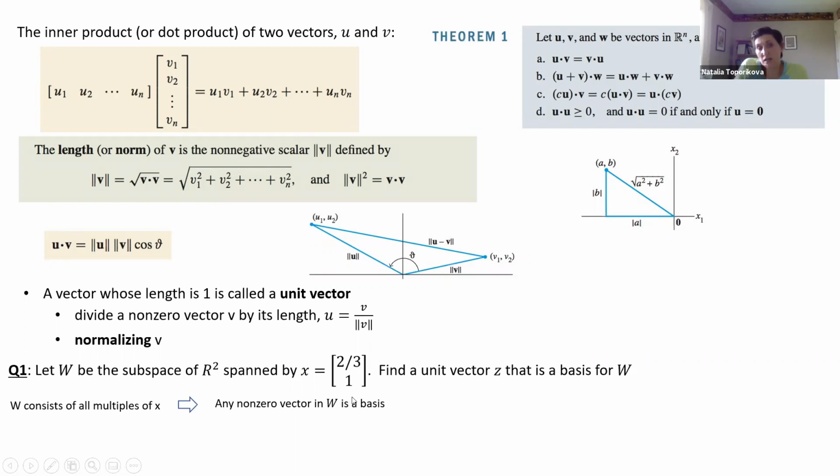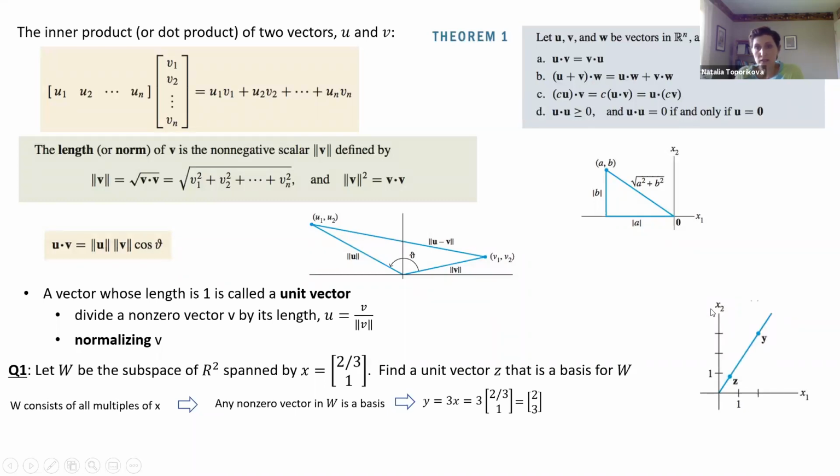So any non-zero vector which is a multiple of our vector x would be a basis for this space. So let's choose one of the vectors to work with. For example, I really do not like this 2 over 3 fraction. Let's take our vector x multiplied by 3 and get the nice looking vector y with components 2 and 3.